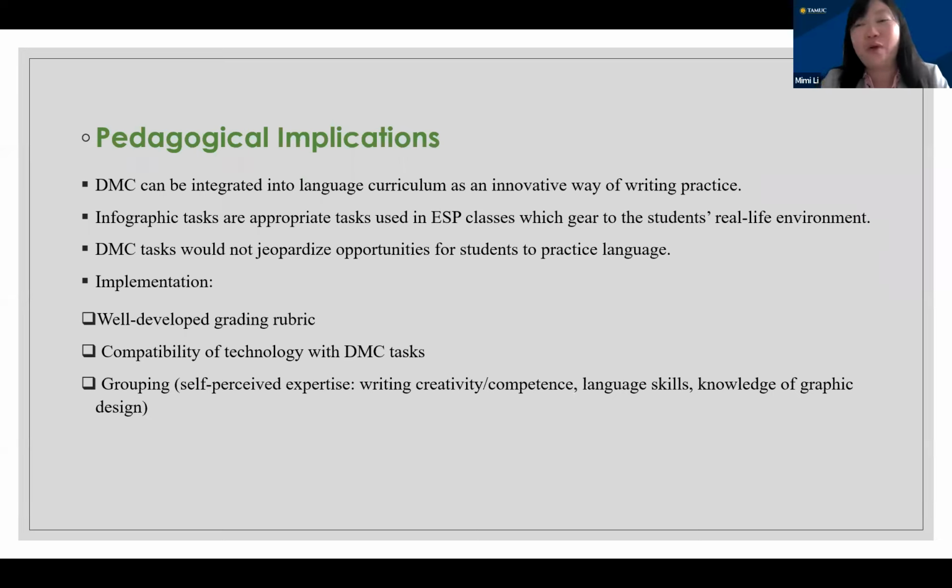For example, whether they are good at writing, whether they have a good command of a second language, or whether they have a rich knowledge of graphic design. If we consider all these factors, we can really have very good groups for them. Then hopefully they will scaffold each other better in the DMC task.